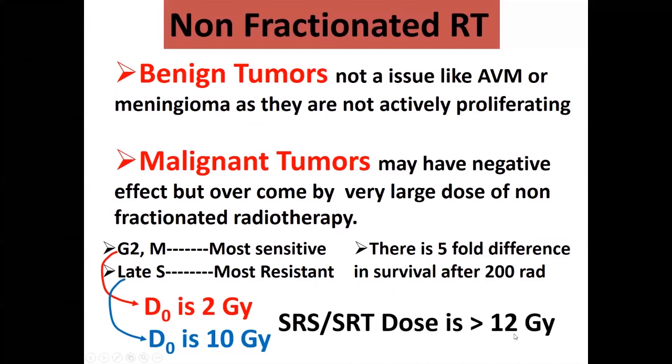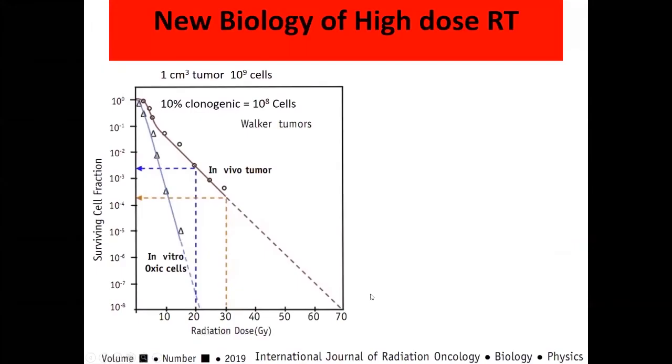So more than 12 gray will have a direct damaging effect on cells which are present in the radioresistant phase of the cell cycle. So the problem is overcome in a similar way as we have seen for hypoxia, in that it has a direct damaging effect on the cells in the radioresistant phase.